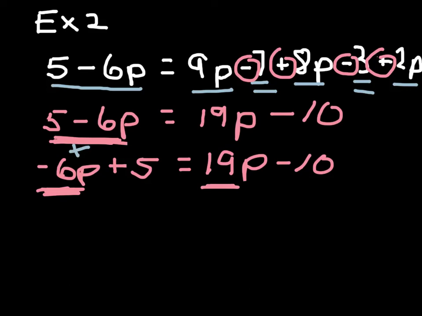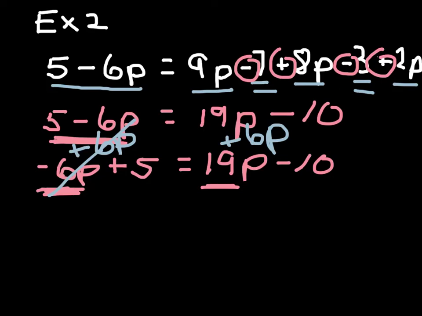And the answer is add 6p. Because that makes sense. What's a negative 6 plus 6? Cancels. That's what I want to have happen. I want to have one side of the equal sign with the letters cancel out and then bring everything over to the right side. Well, if I add 6p to the left side, I need to add 6p over here.